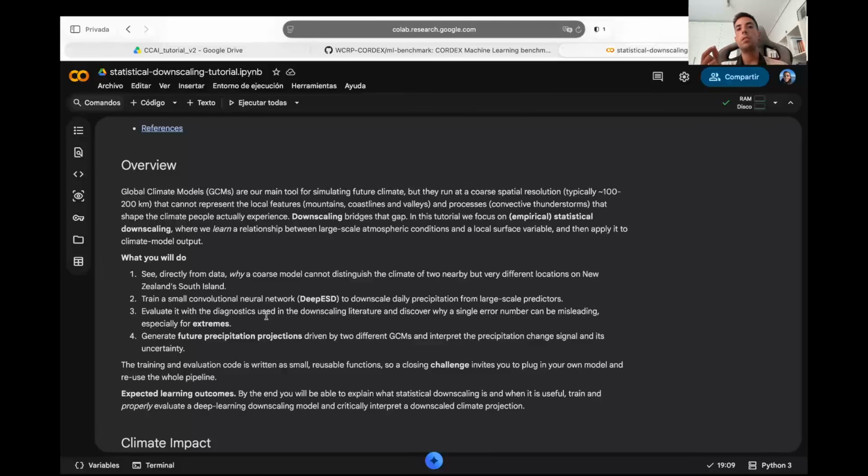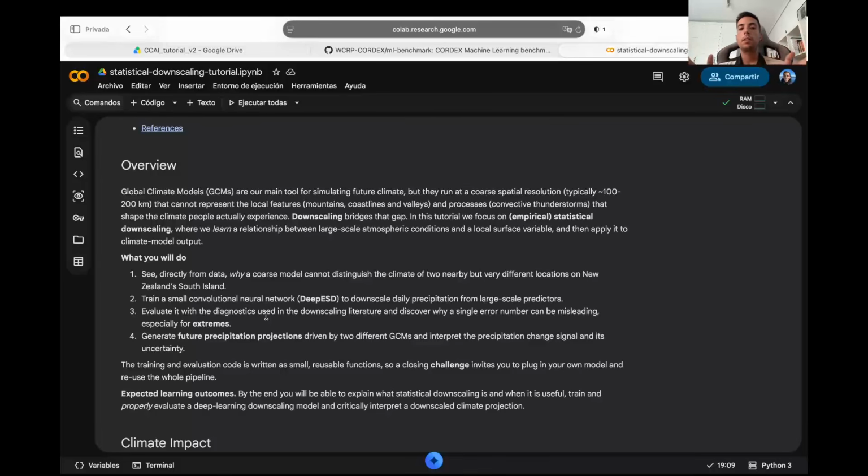So a solution to this is downscaling. The idea of downscaling is to take these coarse spatial resolution variables and try to get a high resolution version of those variables, or of some specific variables, thus being able to generate simulations that we can use for local studies or to apply at regional scales.